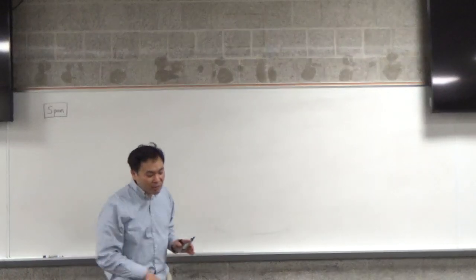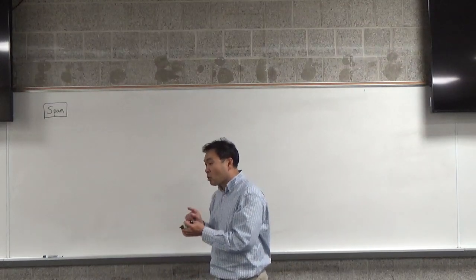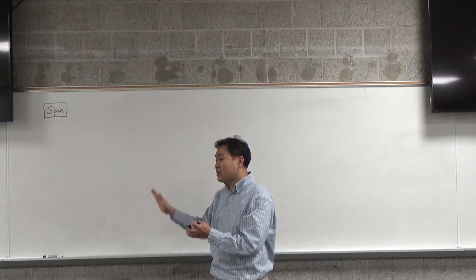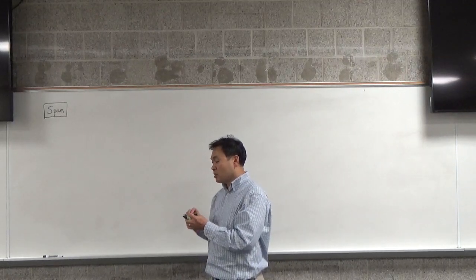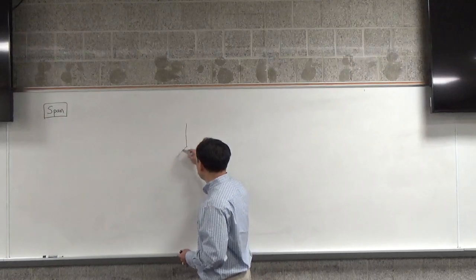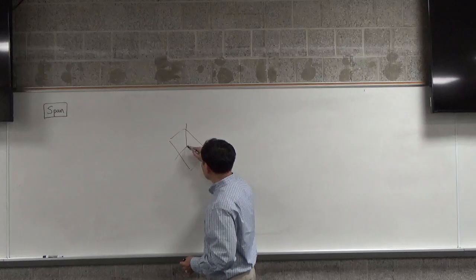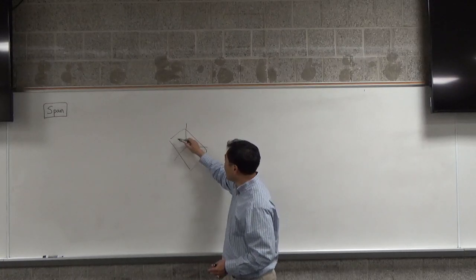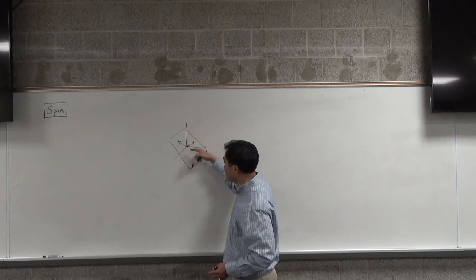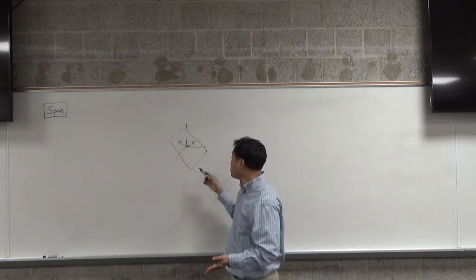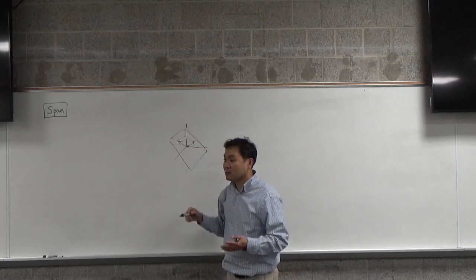But what I'm trying to point out is that if you collect all the vectors inside that plane, that itself is a vector space. Because here's an idea. If you have a plane going through the origin, and you take any two points in the plane and make vectors out of them, then the sum of those two vectors still lies in this plane.